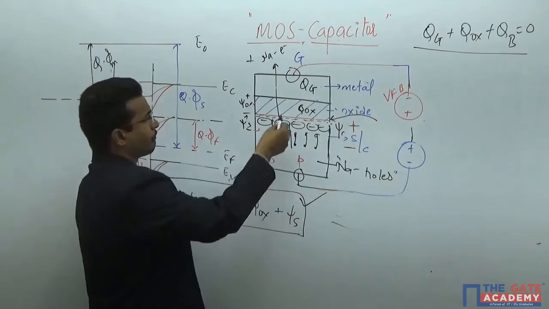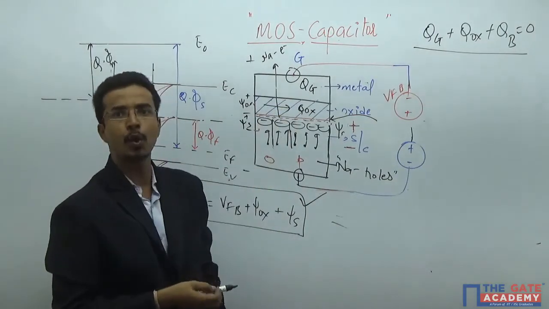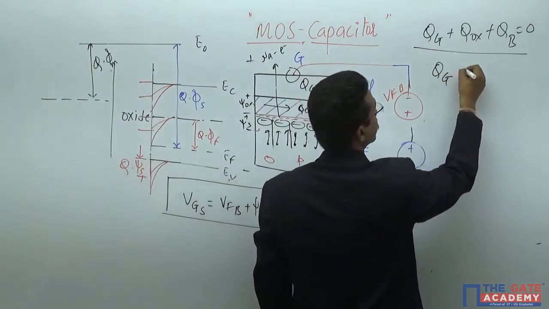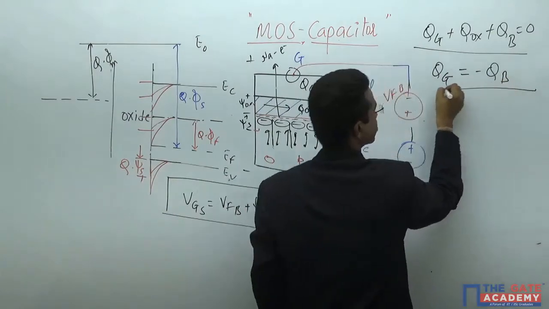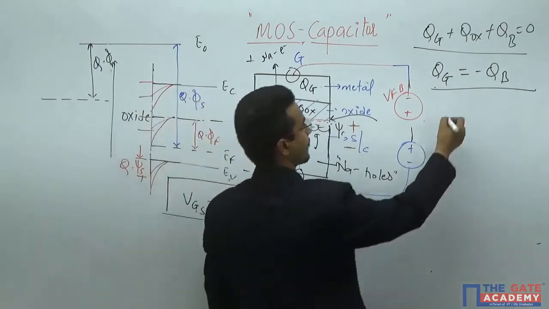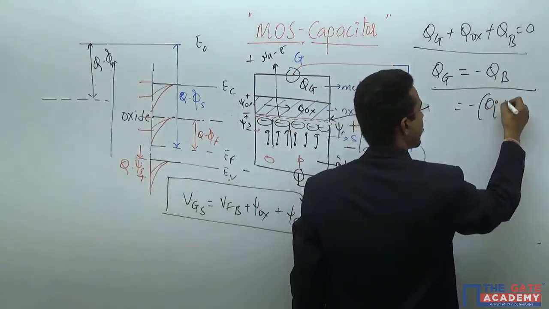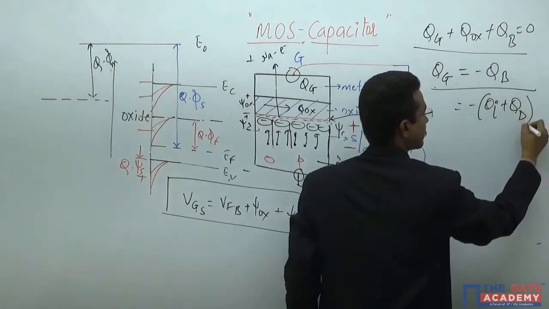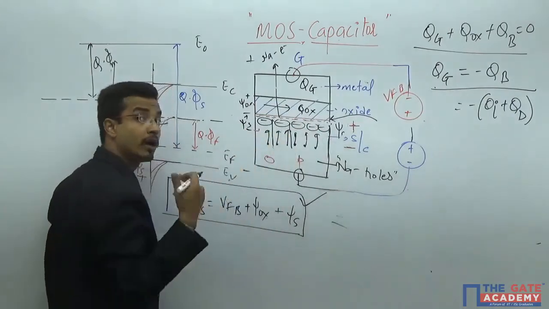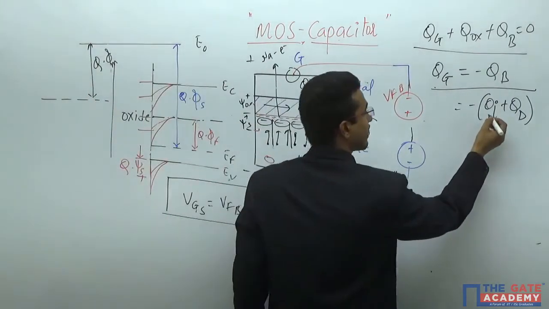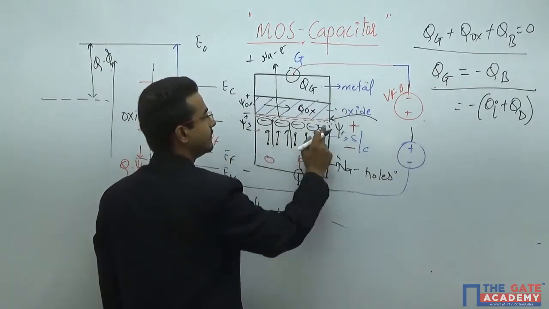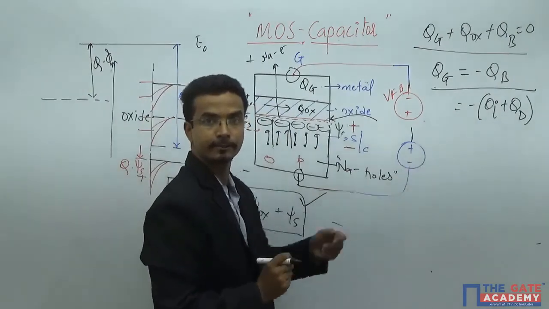If we neglect the effect of QOX, then QG equals minus QB. And in QB you have two types of charge carriers: QB equals QI plus QD, where QD is the depletion region charge and QI is the inversion charge. The I is for inversion charges, the red color, and the depletion charges are the fixed ions.